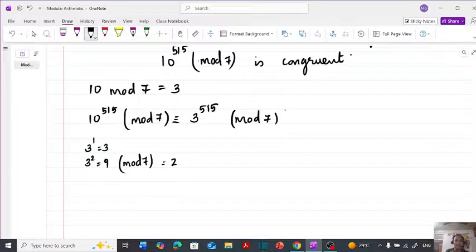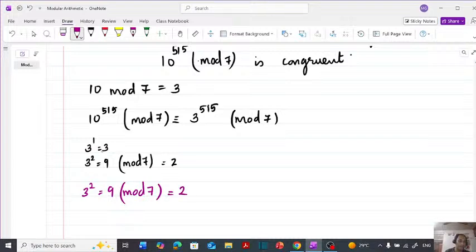Now fun part begins here. 3 raised to 2 is 9, which mod 7 becomes 2.